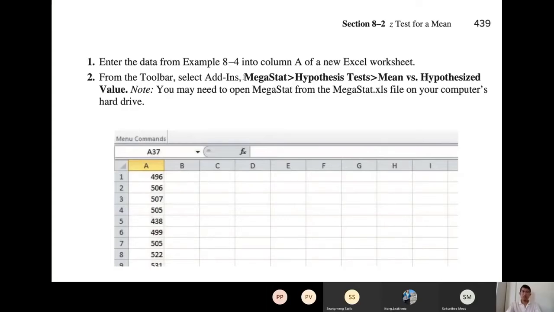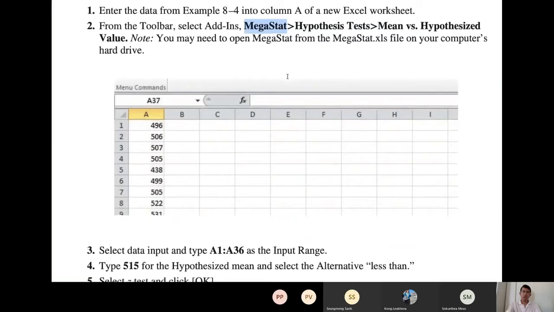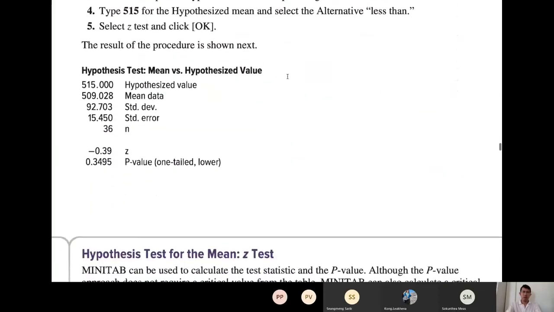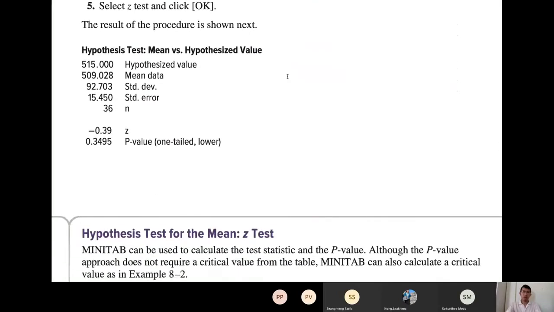You have to install an add-in called MegaStat, so that you can use Microsoft Excel to do the hypothesis testing. So this is one example: when you enter the data, you will receive this numerical solution from MegaStat.